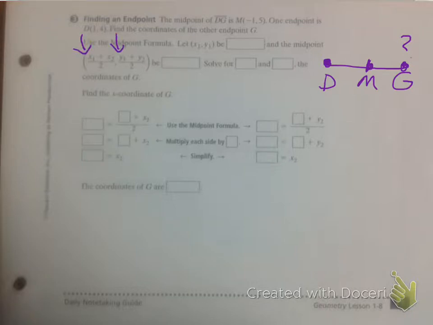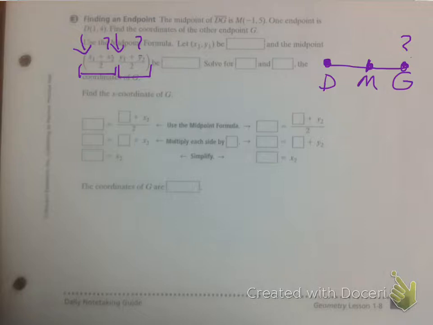We know one endpoint. But we are going to be looking for and solving for the x2 and the y2. So I am going to have to do two separate equations using each piece of this to get x2 and y2 by themselves and solved.